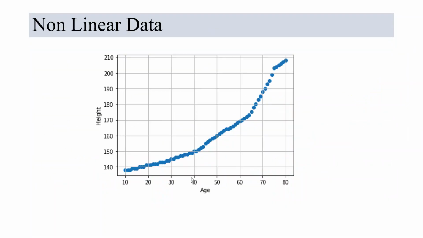Suppose you want to see what nonlinear data is. Nonlinear data means the given data points. Here I am taking two values: on the x axis I am taking the age and on the y axis I am taking the height. This is the given data set, x and y.